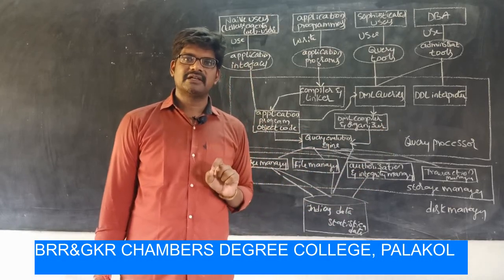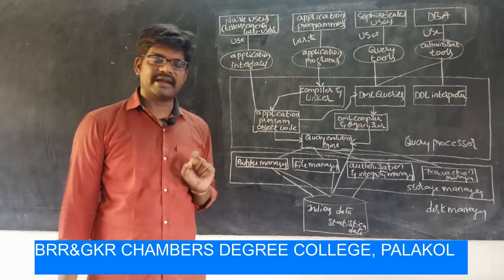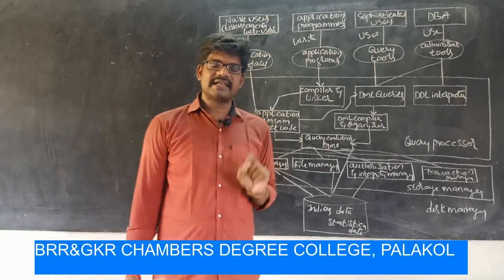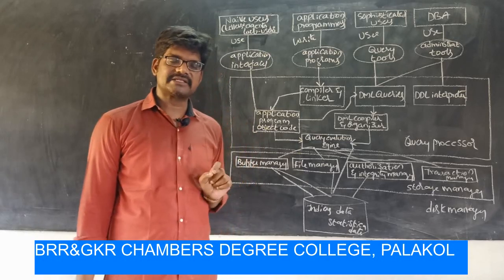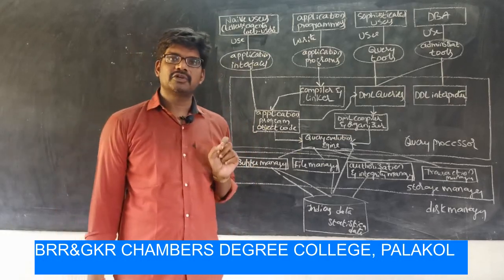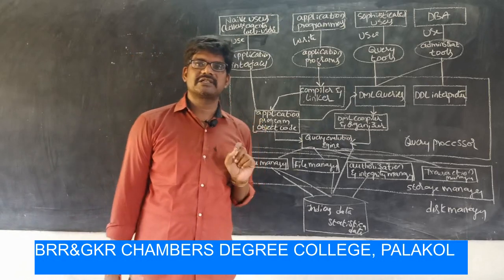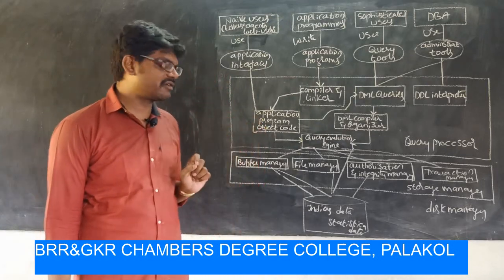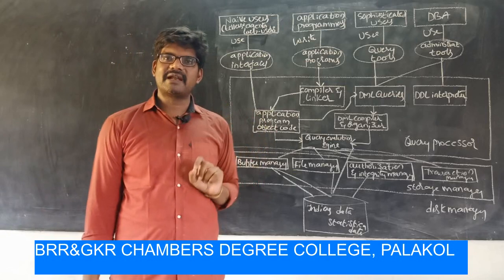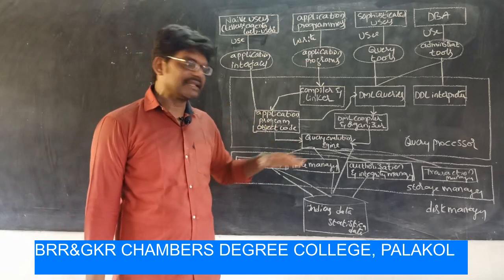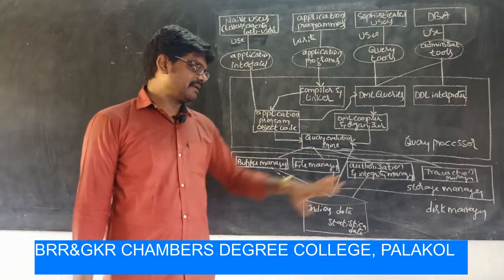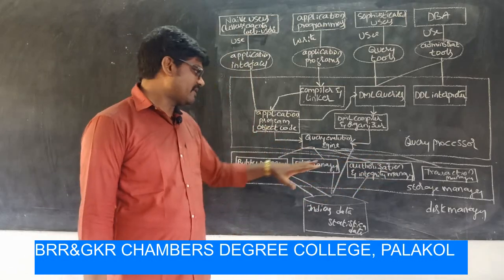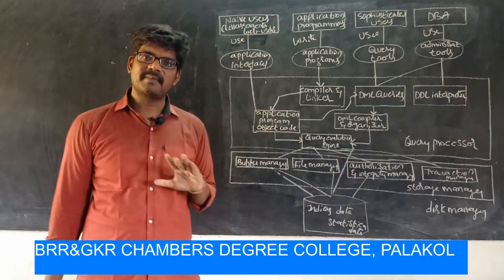Storage management works as an interface between the data stored in the database and the application through storage components. So what are the components? That means the transaction manager, authentication manager, integrity manager, file manager, and the buffer manager.